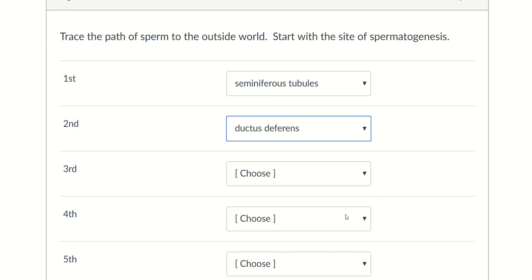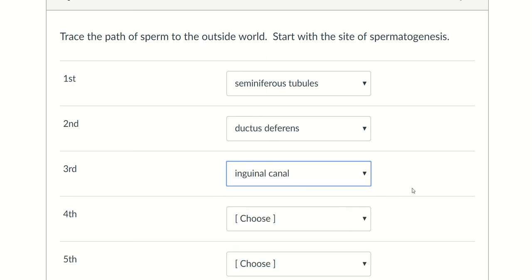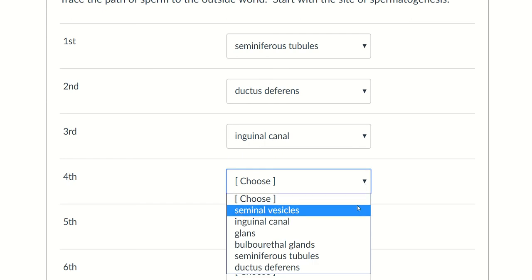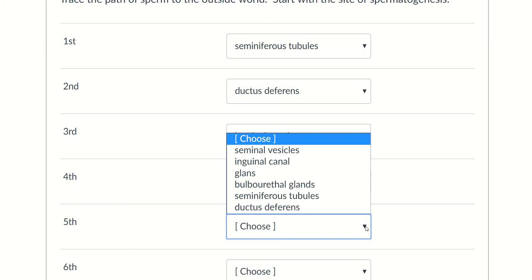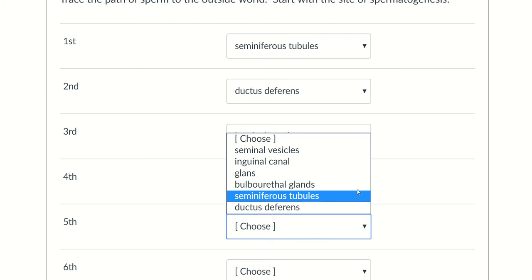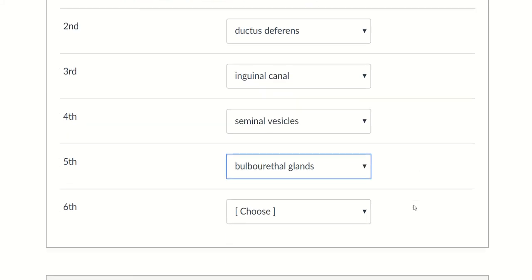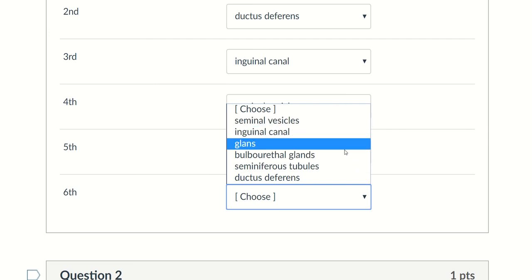Then entering the abdominal cavity through the inguinal canal, around the bladder to the seminal vesicles. Then it connects with the prostate. The prostate's not on here, so we'll go to the next body part, the Cowper's gland, also known as the bulbourethral gland.